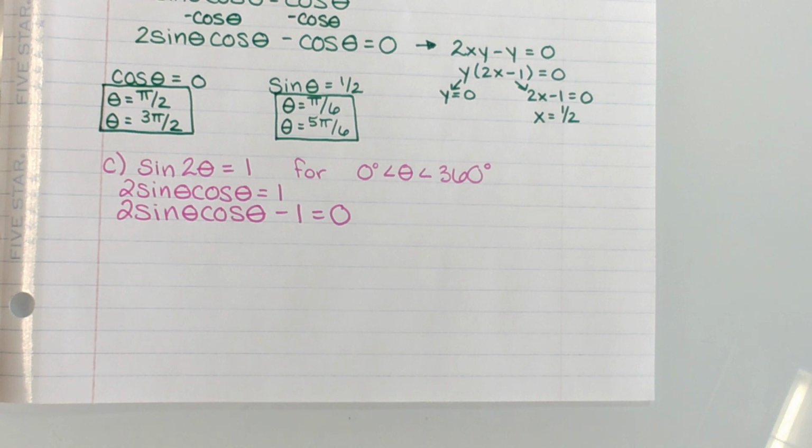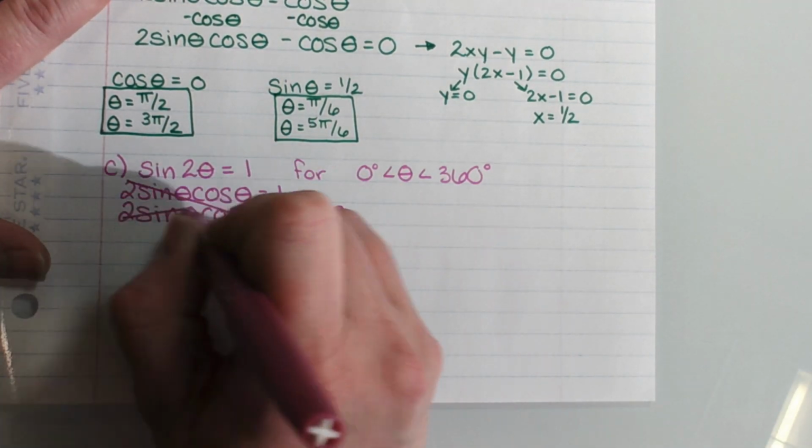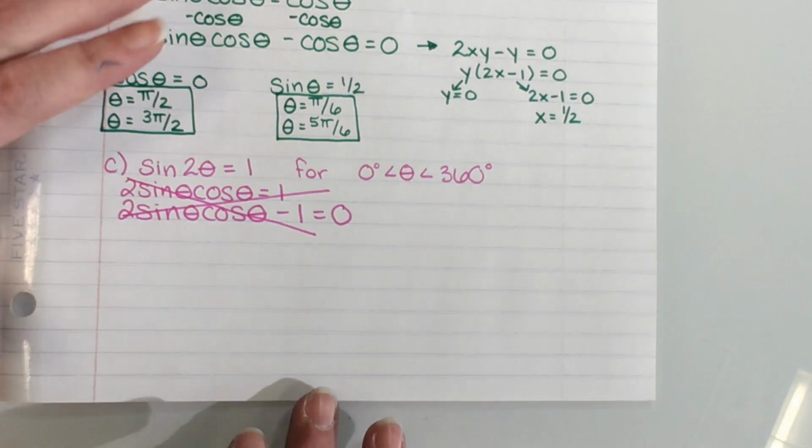Look at the original problem. Do you notice that the only angle is 2 theta? Which means staying as 2 theta is not necessarily a problem. This didn't help us this time. Let's go back to the original.